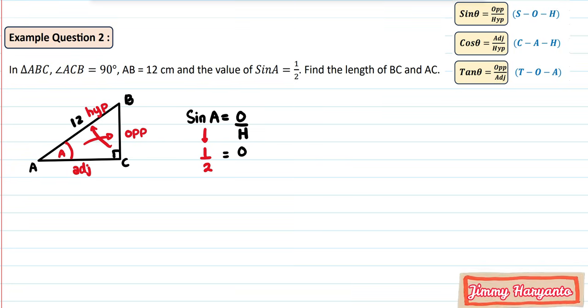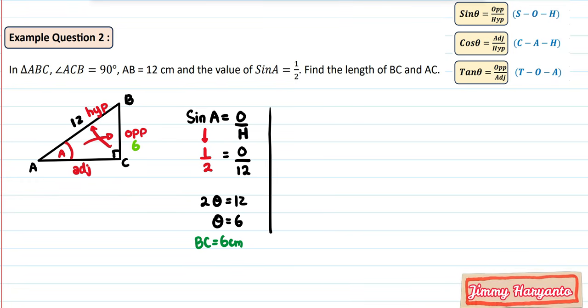We don't know the opposite, but we do know the hypotenuse is 12. Cross multiply, so 2 times the opposite equals 12. So the opposite equals 12 divided by 2, which is 6. From this calculation, we know the opposite, which is the length of BC. So BC is 6 centimeters.